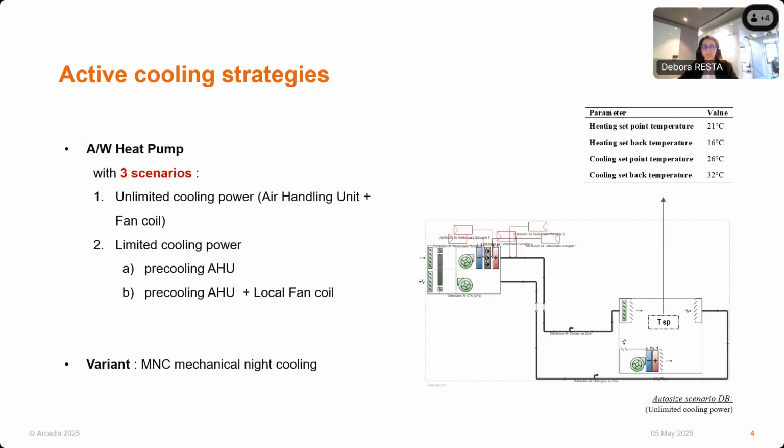The second with the pre-cooled air supply only via the air handling unit, and the third case that combines the pre-cooled air supply with limited cooling by a fan coil unit. All cases are combined with the possibility for the unit to switch to free cooling mode when the outside temperature exceeds 15 degrees and indoor temperature is above 24.